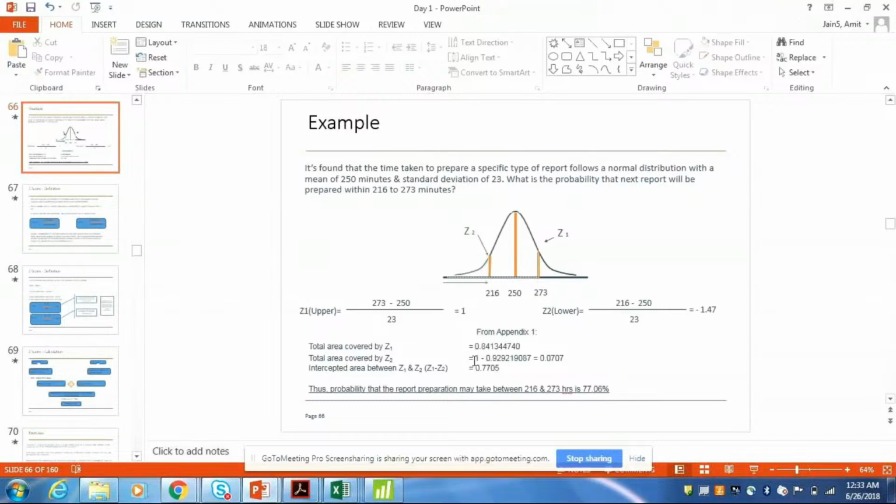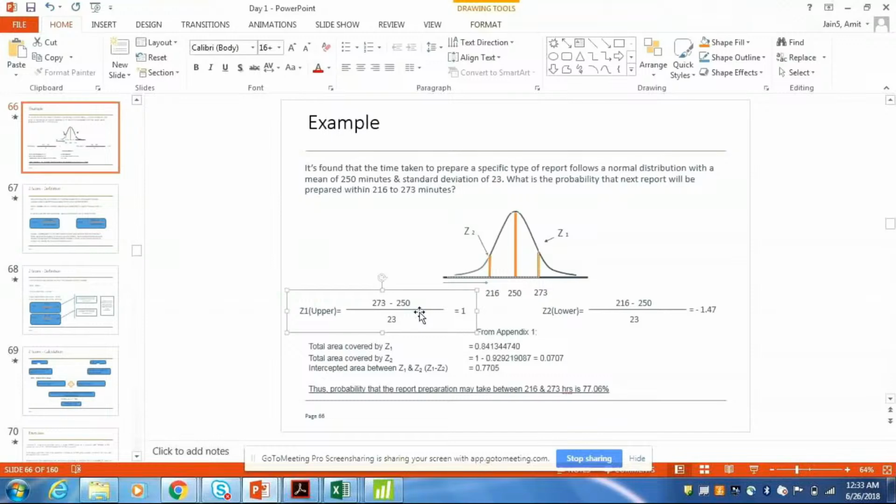If I want to calculate the area between them, it will be Z1 minus Z2. Right, so I will get the probability that the next report will take between 216 and 273 minutes.